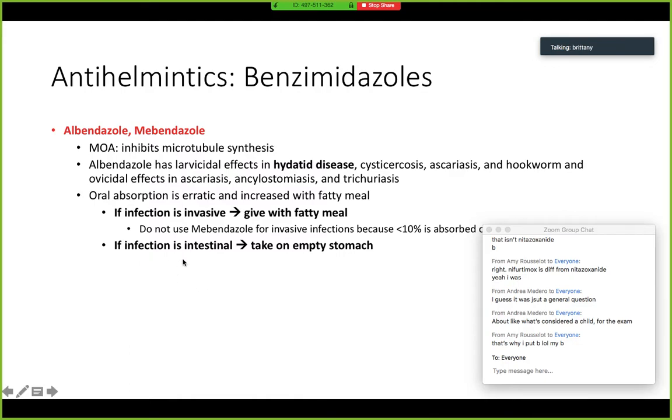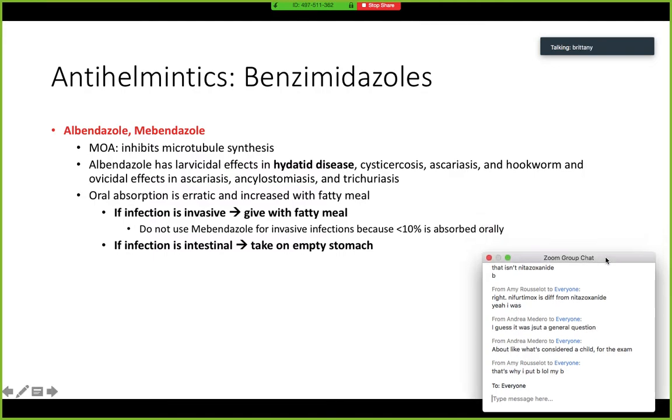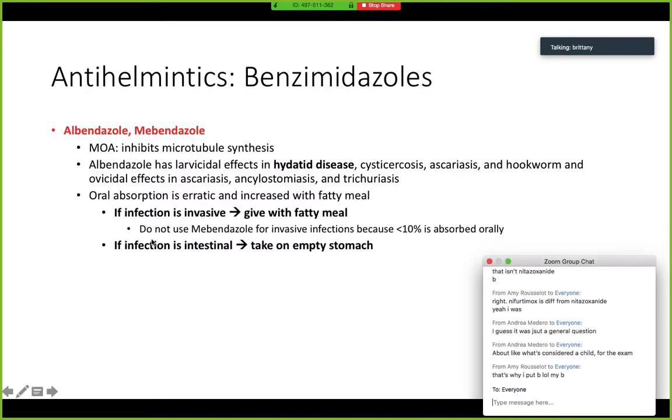But if the infection is intestinal, then you want to take it on an empty stomach because you want the drug to target the gut because that is where your infection is at, rather than it being absorbed and distributed. So if you do have an invasive infection, make sure you choose albendazole over mebendazole because less than 10% of mebendazole is absorbed orally.